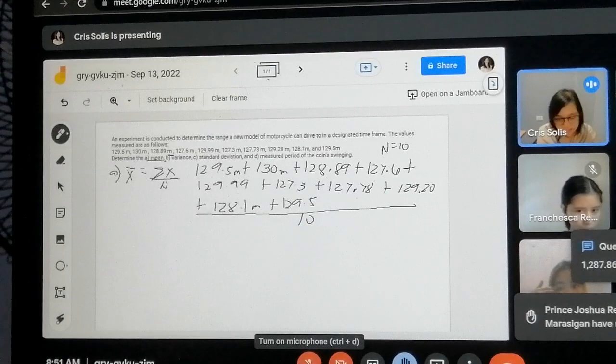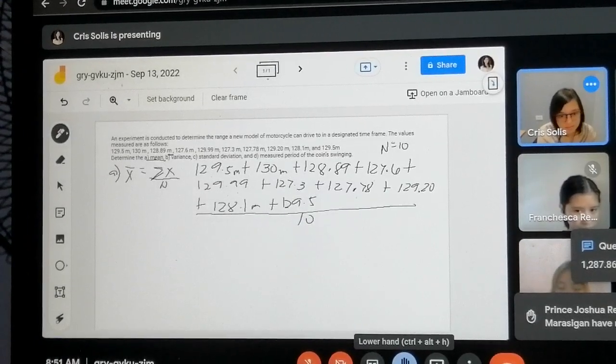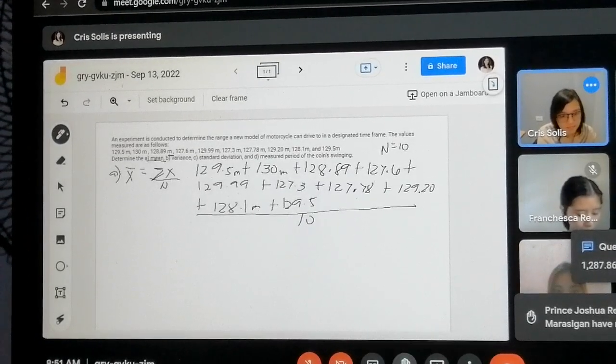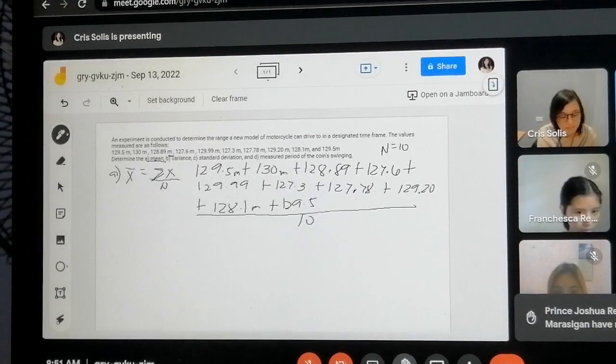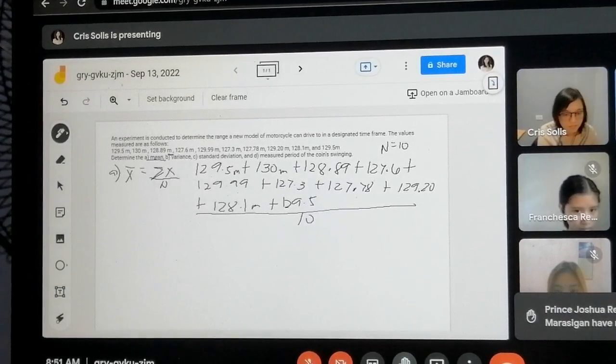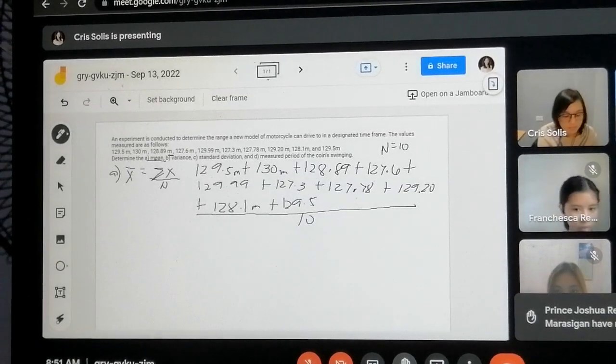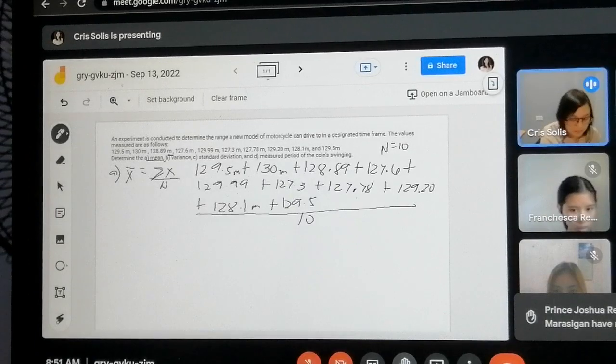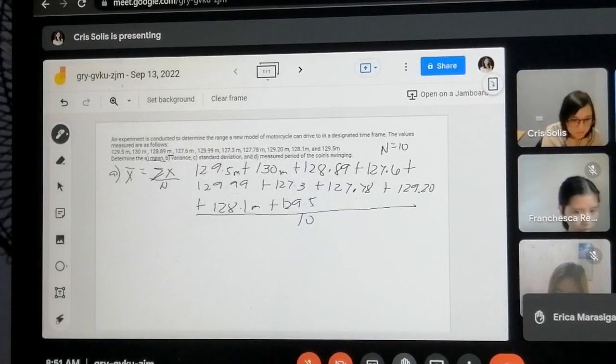Sige, Prince. 128.686 meters. Ano yun, anak? Sorry. 128.686 meters po.